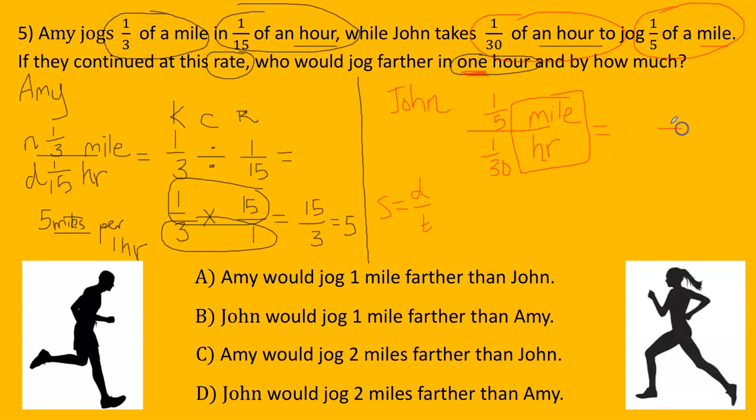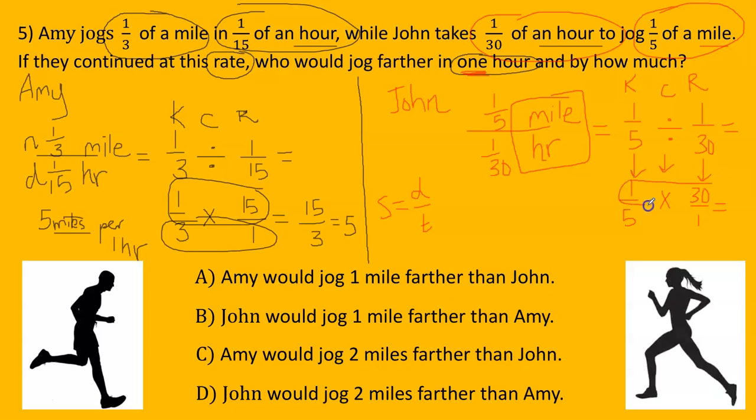The next step is to change the fraction bar for a division symbol. Then we record the numerator fraction first, the denominator fraction second. Then we apply the keep, change, reciprocal method to change the division to multiplication. We keep the first fraction, change the division symbol to multiplication, and record the reciprocal of 1/30.